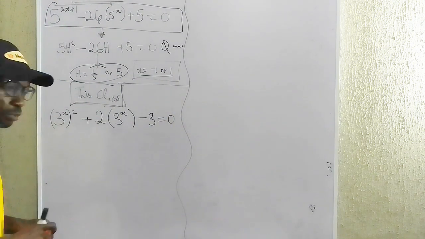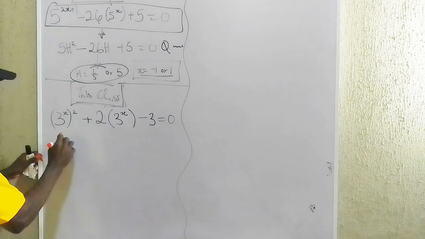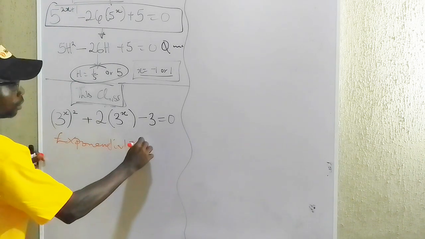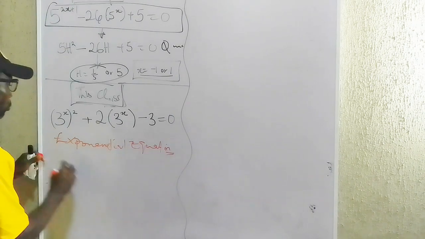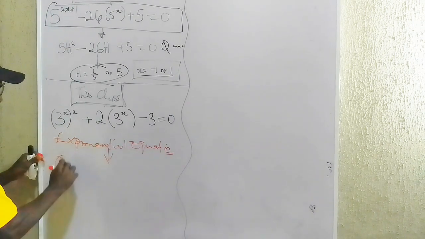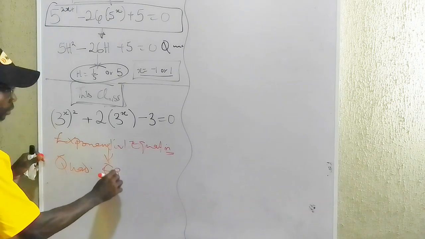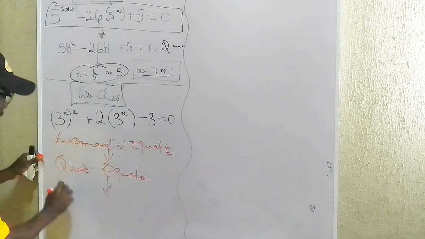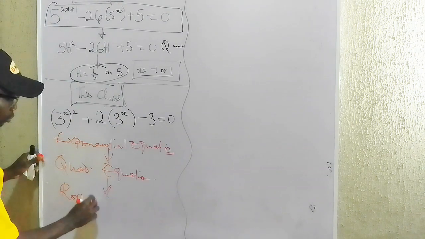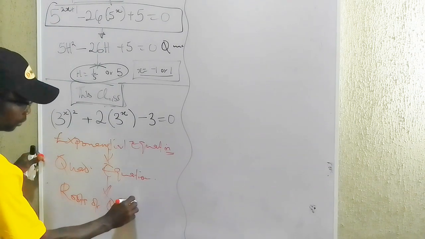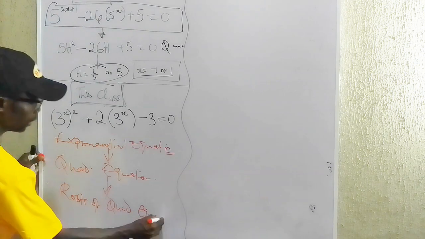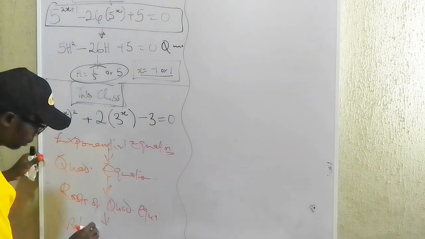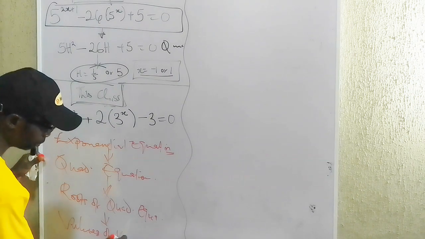First you have the exponential equation, and then we'll move to the quadratic equation, and then we'll find the roots of the quadratic equation, and then we will now find the actual values of the variable.